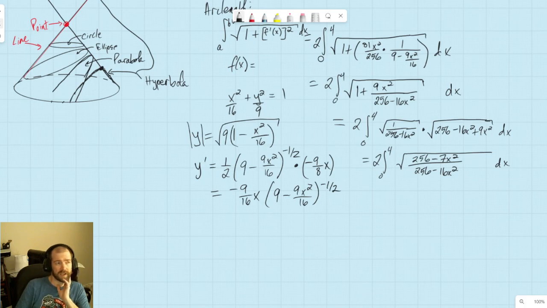I think that's the cleanest I can make it. Which is beyond ugly. But nonetheless, I think that is the cleanest that I could make it.